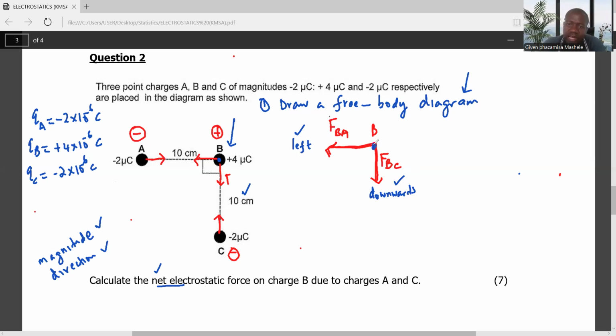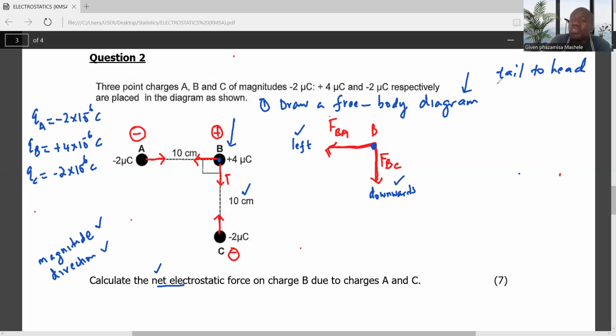Here, we have to construct a right-angled triangle so that we can calculate the net electrostatic force on B due to A and C. To do that, we're going to use the tail-to-head method.